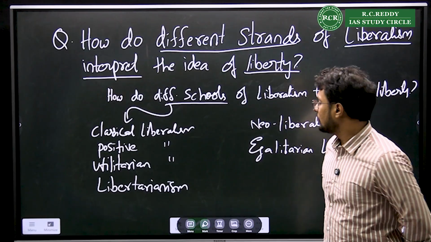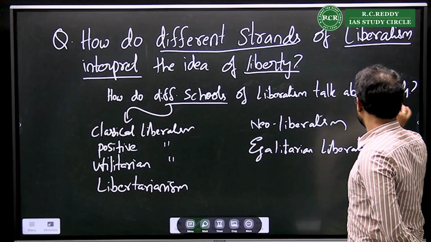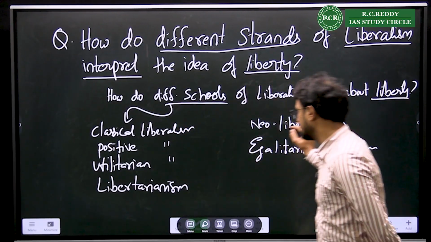Right? Now, if these are the different schools of liberalism, what did each of these schools talk about liberty?